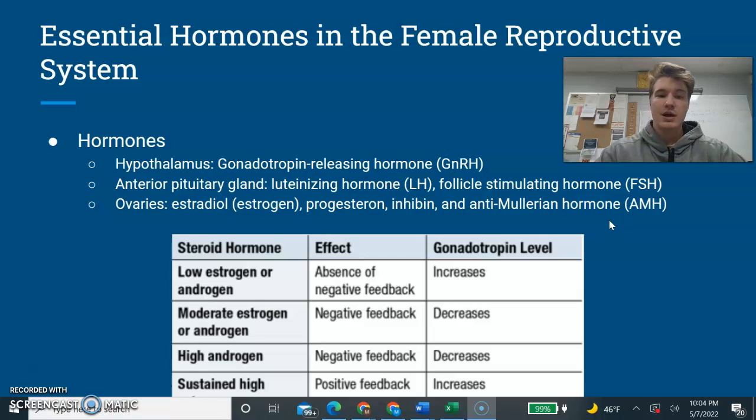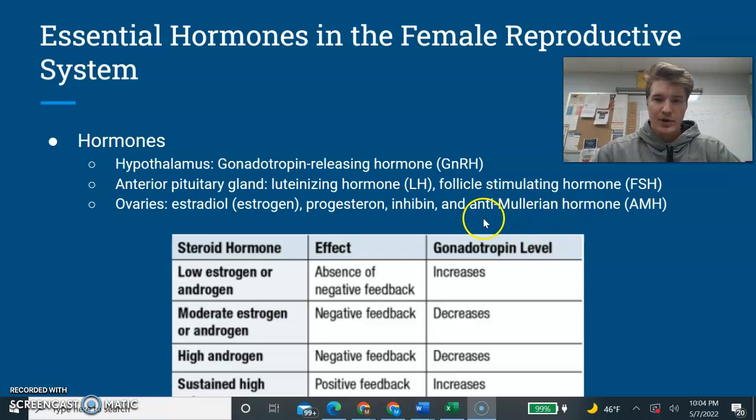GnRH subsequently stimulates the release of luteinizing hormone and follicle stimulating hormone from the anterior pituitary gland. These two further stimulate the ovaries, and we see that the ovaries produce estrogen, estradiol, which we're going to refer to as estrogen in this presentation, as Silverthorn does as well. Then progesterone, inhibin, and anti-Mullerian hormone.